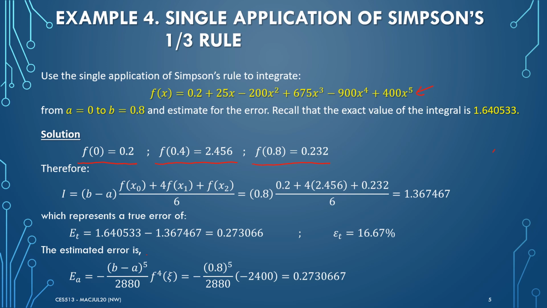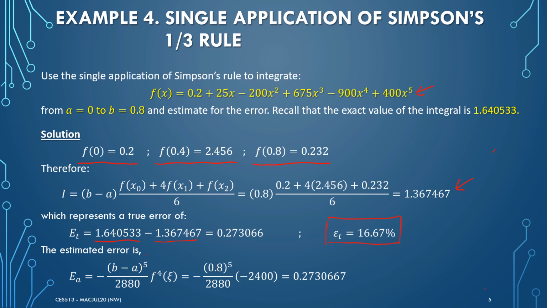Therefore, substituting all these values into the integration equation, we will get I equal to 1.367467, which can be represented as an error, where we take the true value of the integration minus the estimated value coming from Simpson's one-third rule, and we will get the true relative error equal to 16.67%.